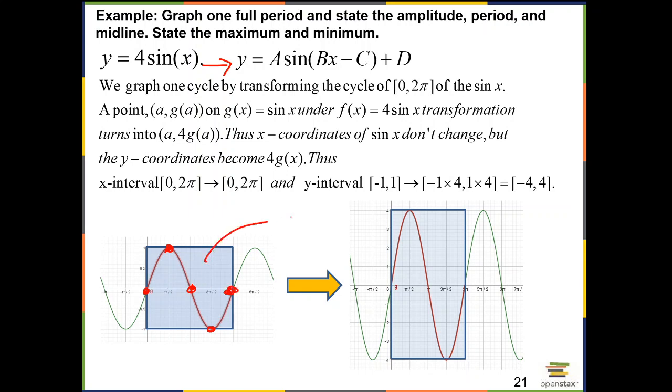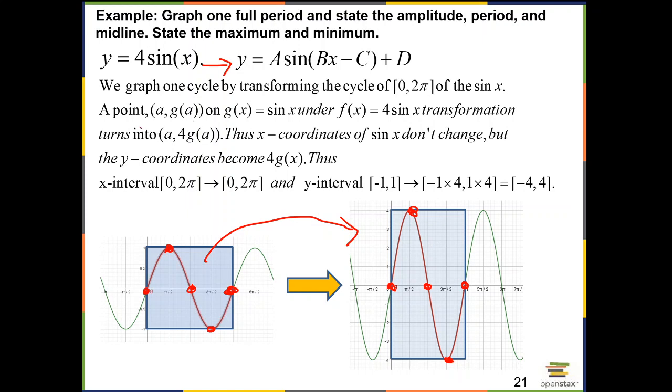And once we figure that out, then we have a new graph and we are done. We don't have to graph the whole thing, we just want one cycle. So first we have to know where the rectangle is and then where the points go. How do you figure that out?